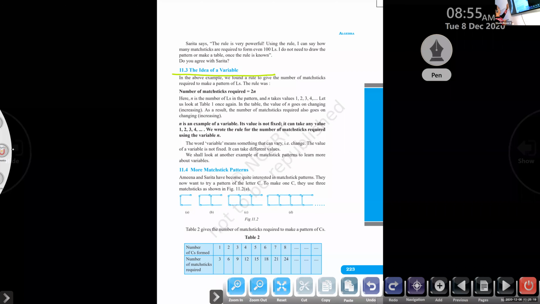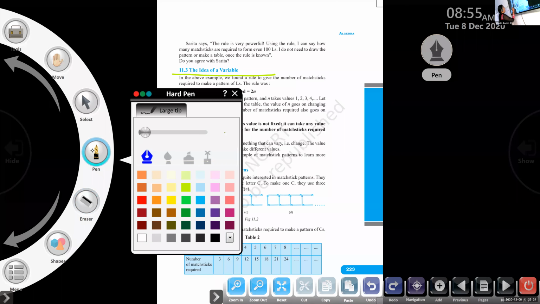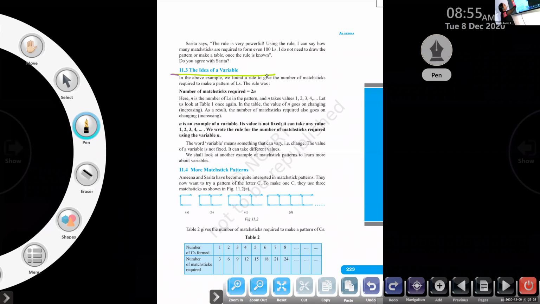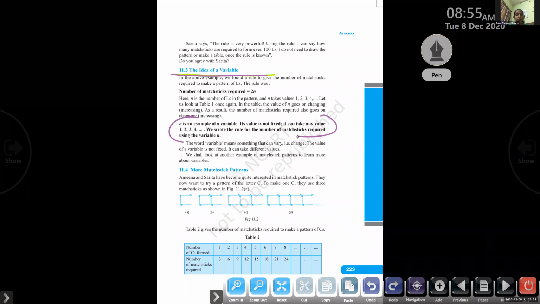Write the small heading for our subtopic, the idea of a variable. Can you see? Yes, ma'am. The idea of a variable. Okay, children. n is an example of a variable. Can you see the board? We have to write that.